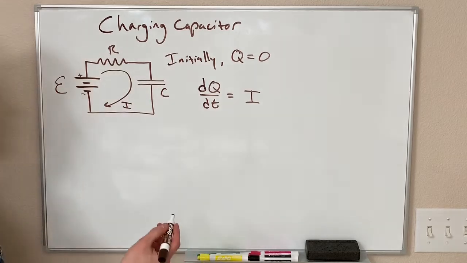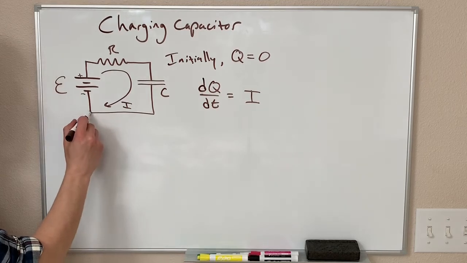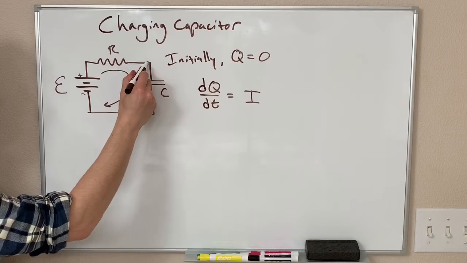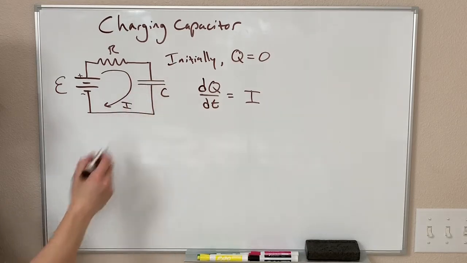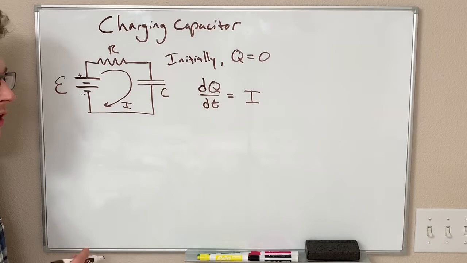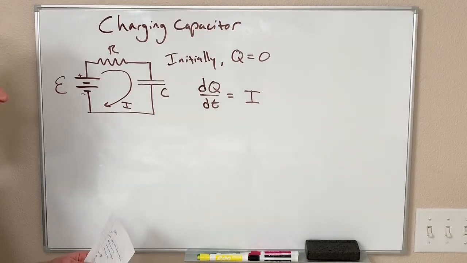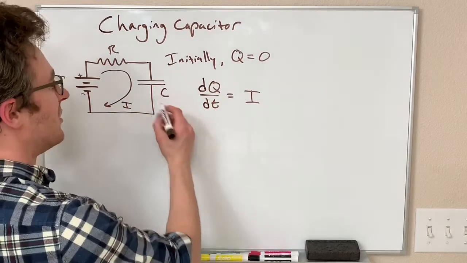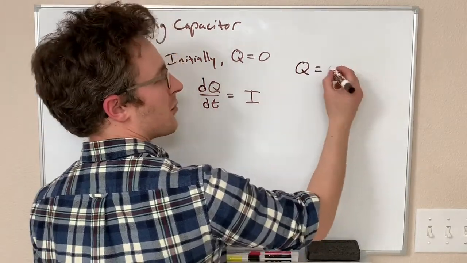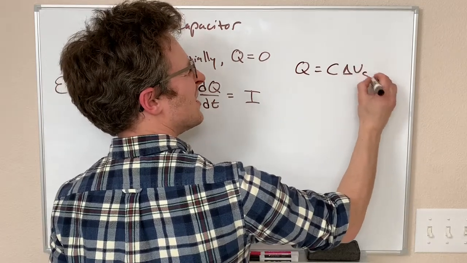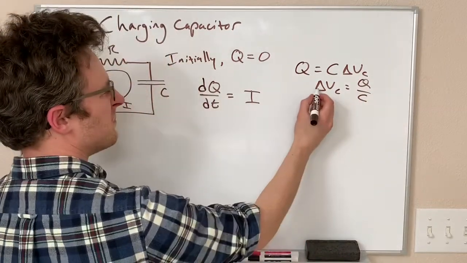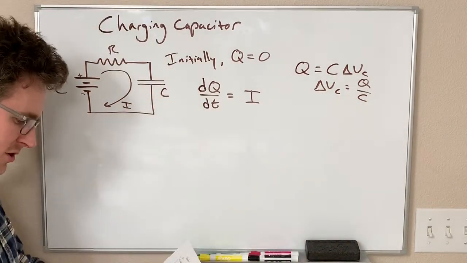We also know from the loop law that our EMF, the battery voltage, minus IR, minus the capacitor voltage, which is, of course, the charge over the capacitance. So for the capacitor, the charge is equal to C times delta V, so delta V is equal to Q over C. Okay, we'll just say that so I don't have to trip over my words here.